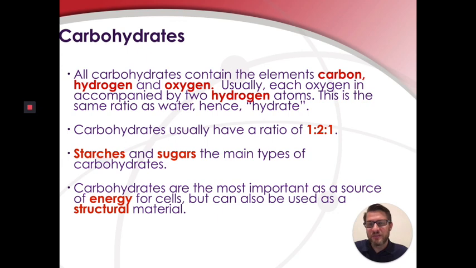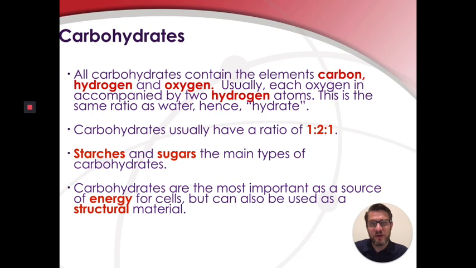All carbohydrates contain three basic elements: carbon, hydrogen, and oxygen. The name carbohydrate actually describes that. We have carbo in reference to the carbon, then hydrate in reference to the hydrogen and the oxygen. In every carbohydrate, you have twice as many hydrogens as you do oxygens.